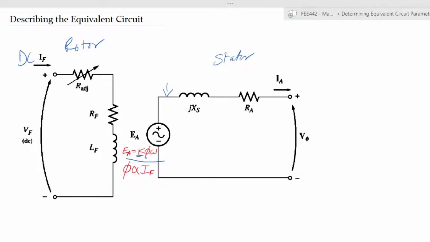Phi is the flux, the magnetic field, and omega is the speed at which the rotor is rotated. Phi, as we had said, is directly proportional to the field current that is applied, which is why we have the adjuster resistor on the rotor, on the field exciter, right?